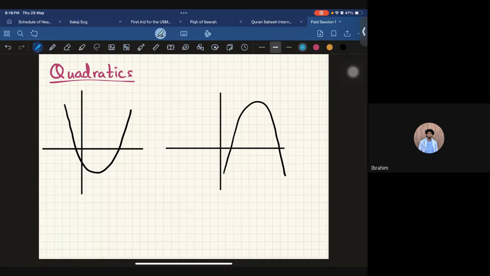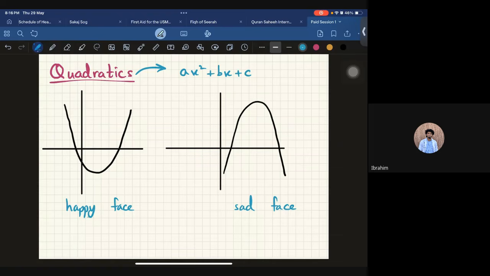The left one, some people call this a happy face, and then for the right one, some people call this a sad face. So quadratic equation का general formula is supposed to be ax square plus bx plus c. ठीक है.